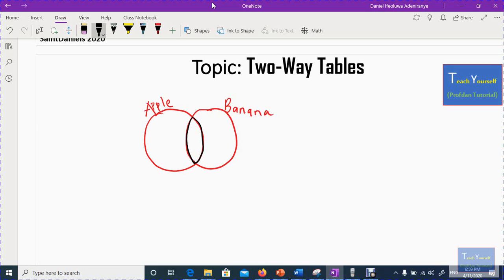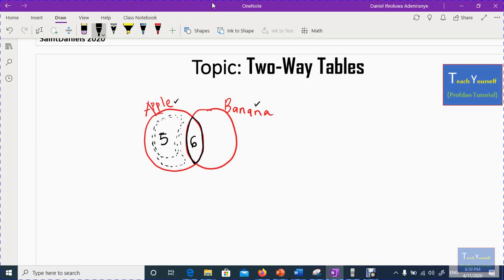So if I have 6 here, what the 6 means is that 6 students like to take both apple and banana. The value I have here, let's say if I have 5 here, is showing only banana. Only 5 students like to take banana.